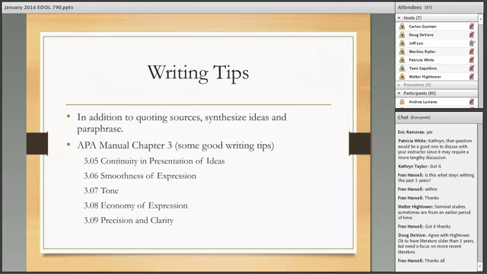Transitions between ideas, transitions within paragraphs, and also transitions from paragraph to paragraph. Smoothness of expression, tone, economy of expression, and also precision and clarity. Those writing tips really go a long way in the prospectus paper, so I'd encourage you to take out your APA manual and look at those sections in Chapter 3. Okay.